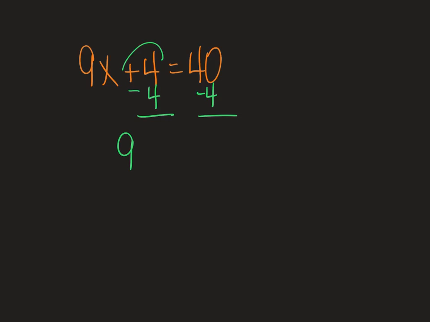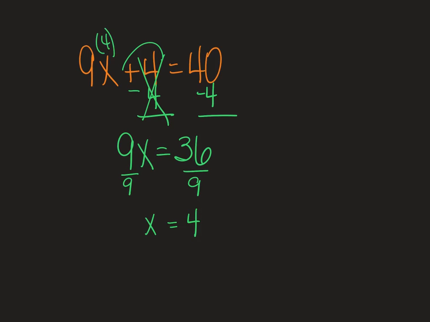All right, so 9x, remember this cancels, equals 36. And 40 minus 4 gives you 36. Remember those integer rules, okay? So divide both by 9. X equals 4. You can substitute that back in: 4 times 9 is 36 plus 4 equals 40. And that does equal 40.